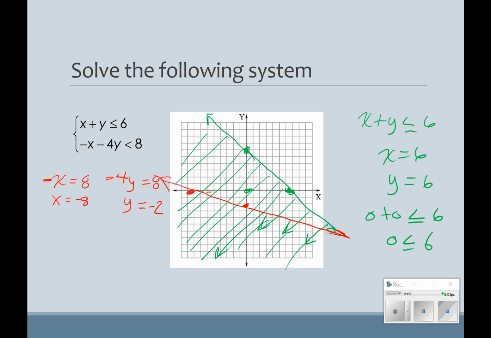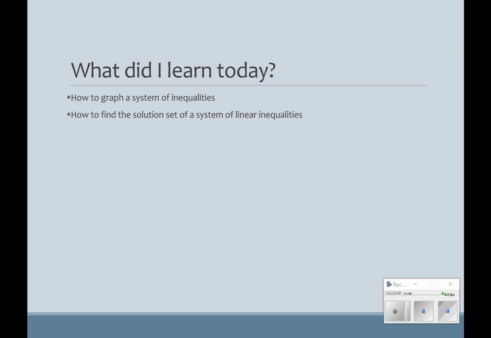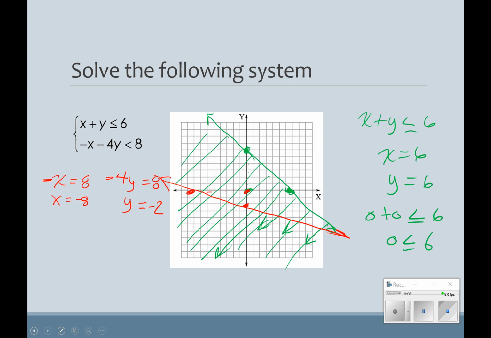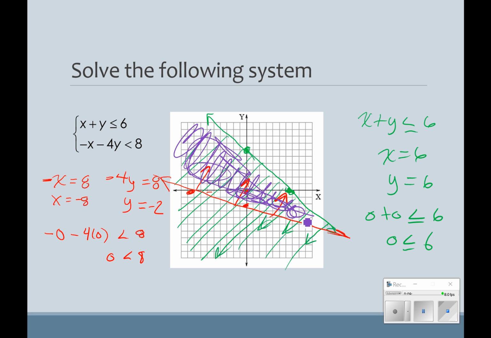And this says less than, so if I pick that test point as (0, 0), I'm going to get negative 0 minus 4 times 0 is less than 8. 0 is less than 8, that's true, so we're going to shade above the graph this time, because that's where the (0, 0) is. So our solution is where the shades overlap, so our solution is going to be anything in between the lines and on the lines.